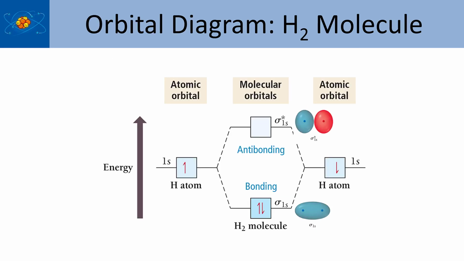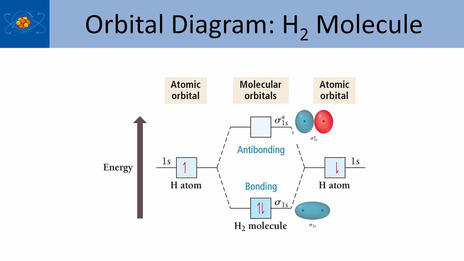So this is an atomic orbital diagram and a molecular orbital diagram for H2. Each hydrogen brings in one electron, so for a total of 2 electrons. And once the orbitals have formed, we can place both electrons in the bonding molecular orbital.